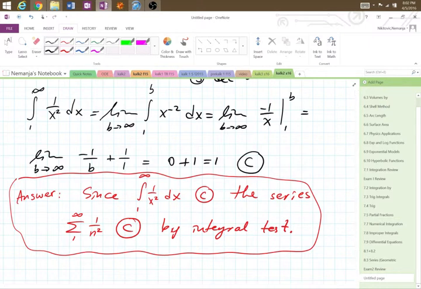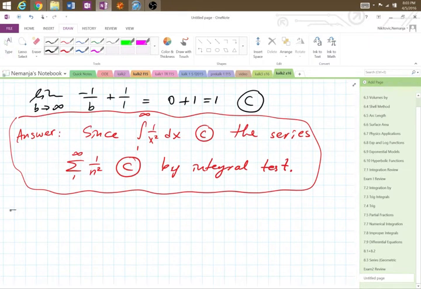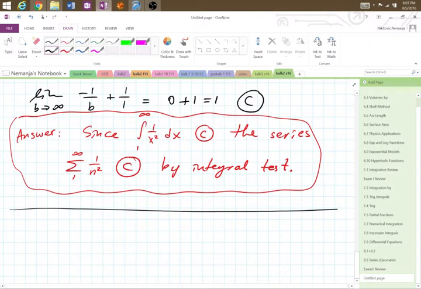So let's take a look at a little bit more challenging example of the integral test.